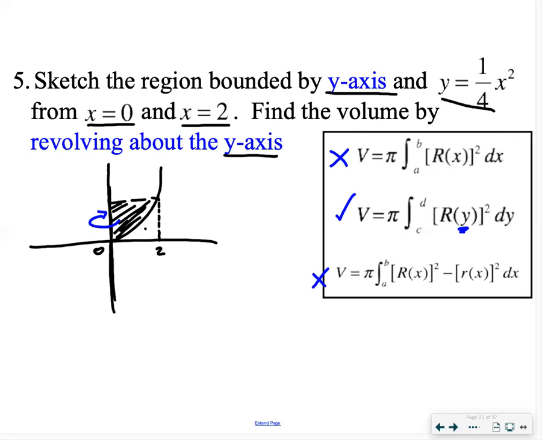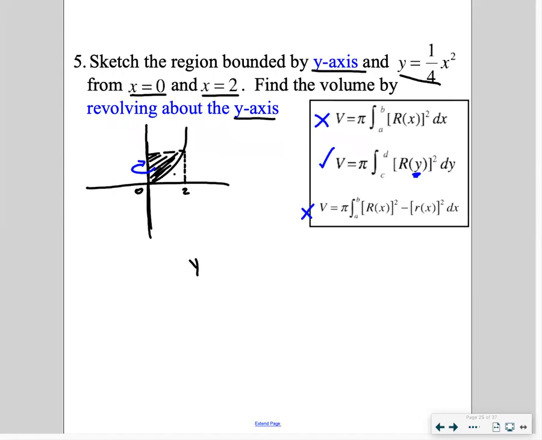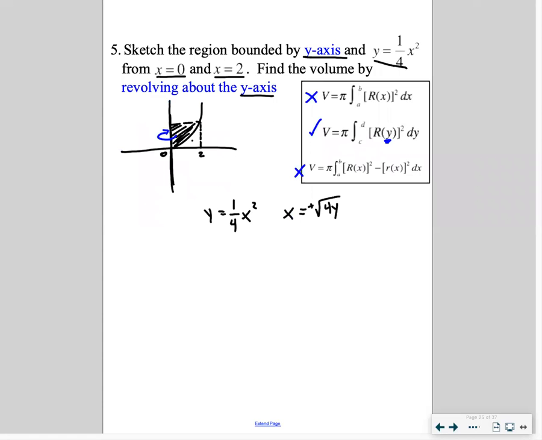My original was 1/4 x squared, so my radius then would be x equals square root of 4y. This would just be positive because we're only looking at this half of it. So that's your radius. At this point, you can just start plugging into the formula.